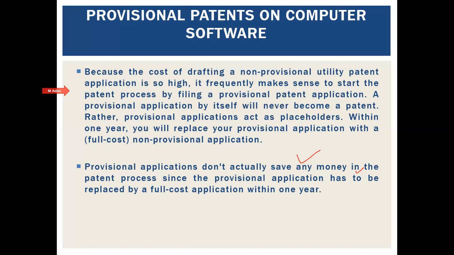It lets the inventor and patent holder learn about the market, and whether their patent rights and invention will be profitable or not. Okay, class, that's the provisional patents on computer software.